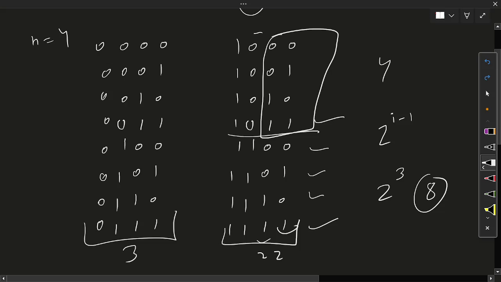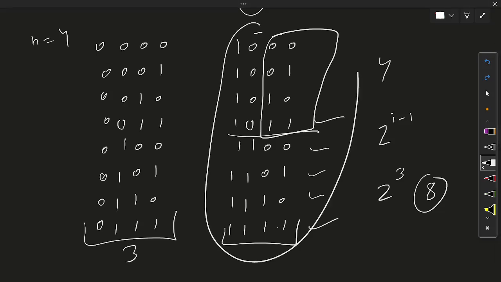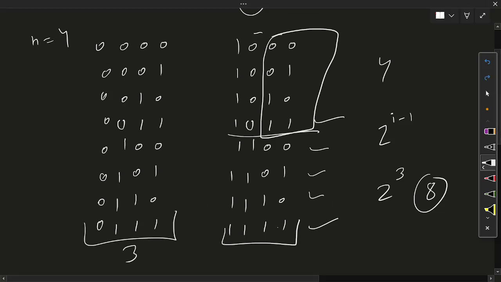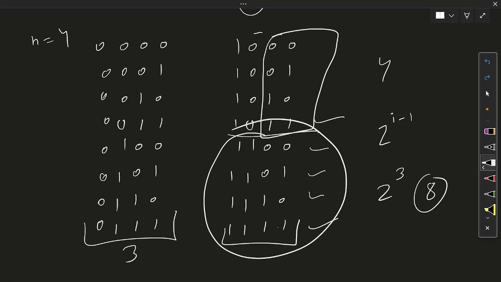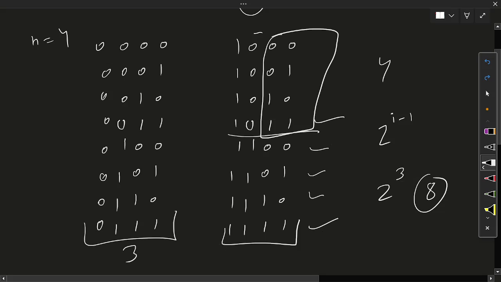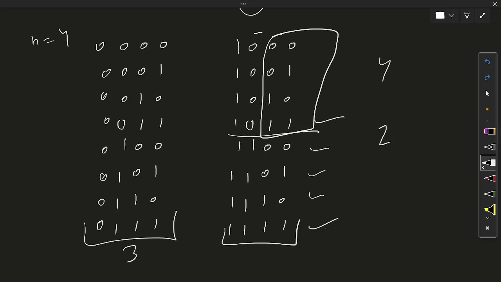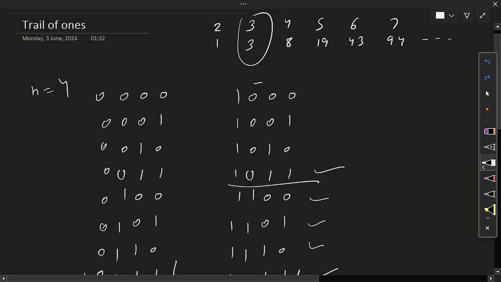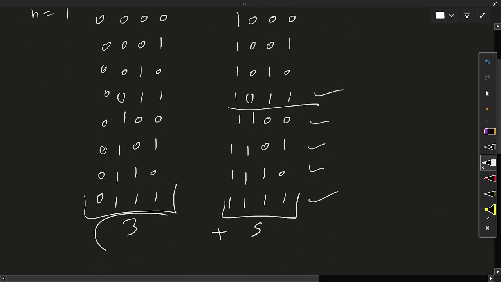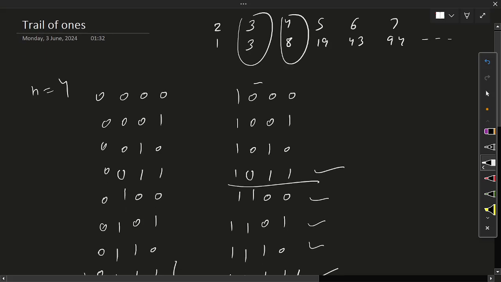So overall it is 2 to the power of 4, and this is 2 to the power of 3. If I further divide, this is 2 to the power of 2, or I can write 2 to the power of (i minus 1) by 2. The answer is the same. So the overall answer for 4 is 5 here and 3 here. So in total 8. So 8 I have written.